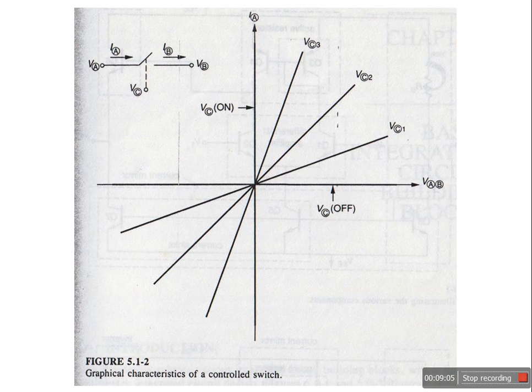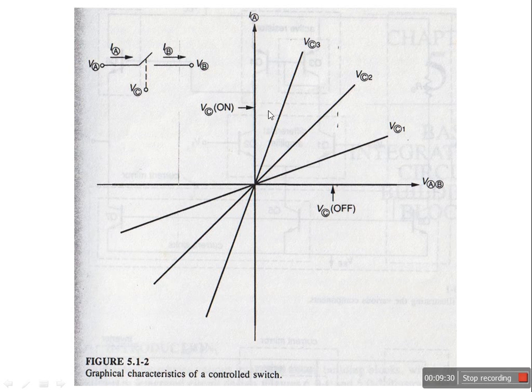So there exists a voltage VC on, after which the switch will be on, and at VC on, the current is plotted at the y-axis here.